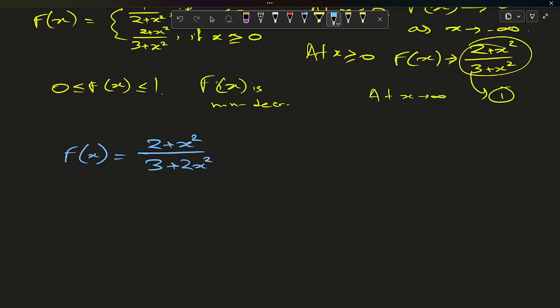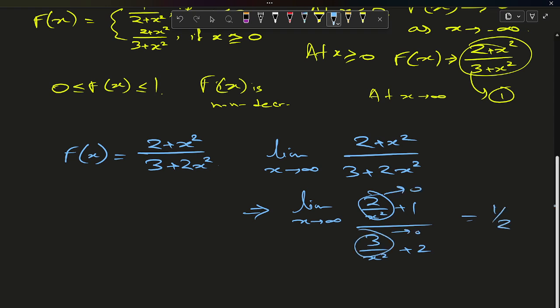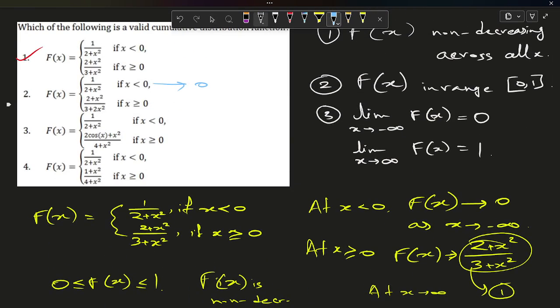What will happen? Limit x tends to infinity, 2 plus x square by 3 plus 2x square. We can write it as limit x tends to infinity, 2 by x square plus 1 by 3 by x square plus 2. Then that will be 0 and that will be 0, so we will get half. This is not equal to 1, so option 2 will not be a CDF. Option 2 will be cancelled.